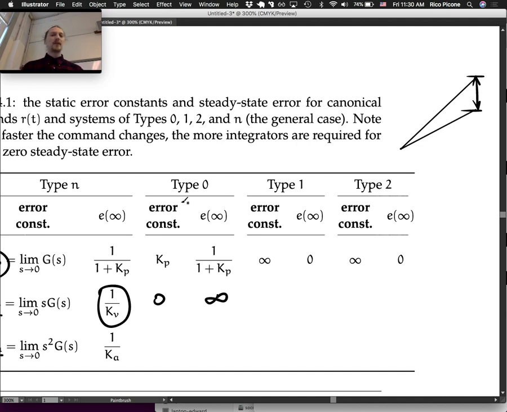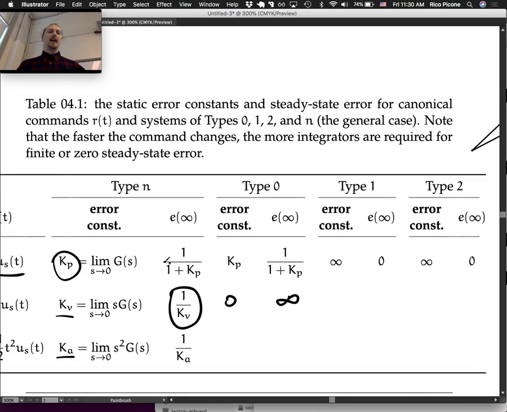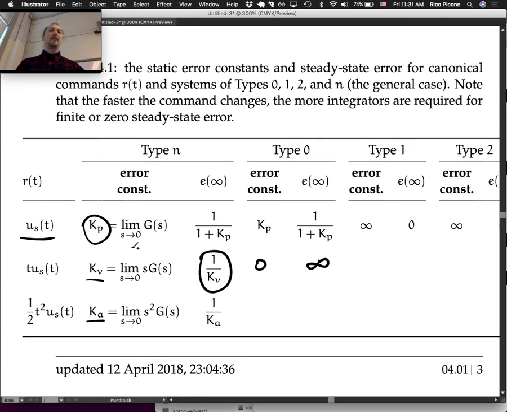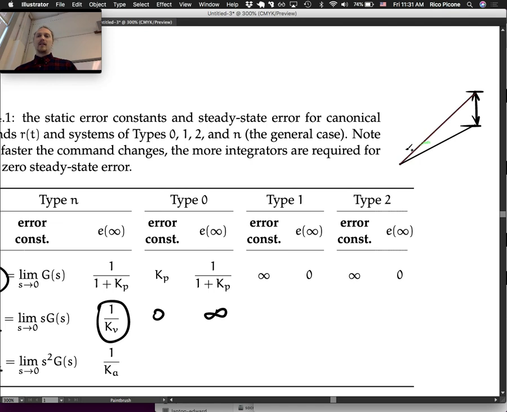So if we had a type 0 system with a unit step input, that would look like this step input command, and then this thing responds, but it's never going to quite get there. It's going to have some finite difference.